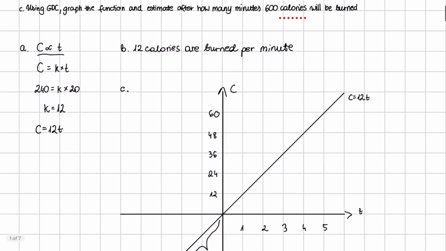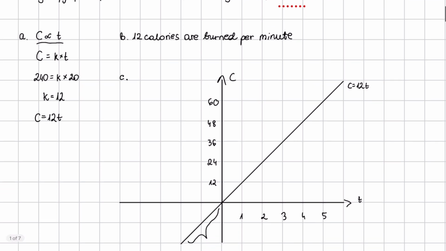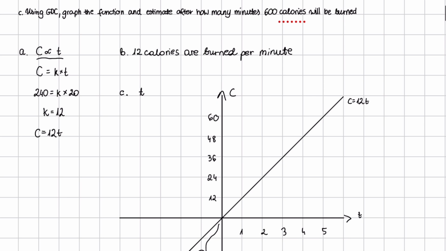And we also have to estimate after how many minutes 600 calories will be burned. So in GSolve we have to choose X calculate, then enter the Y value. Y is 600 because our Y is C, so 600 calories, and you will see that our T will be 50.